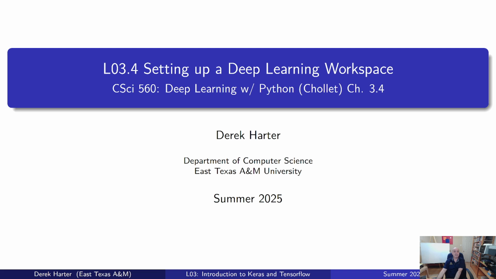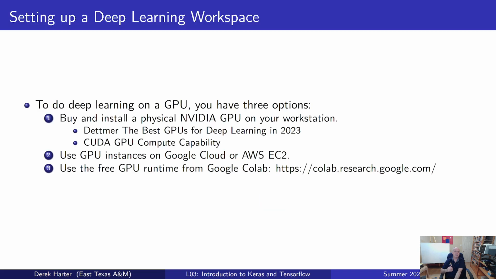Okay, and then finally in this video, just some quick advice about setting up a deep learning workspace. For students in my class, you don't necessarily have to have access to a GPU. In fact, the assignments that I'll give you have to run in the autograder on GitHub, which is not going to have any GPU resources. It's going to be limited on computation.